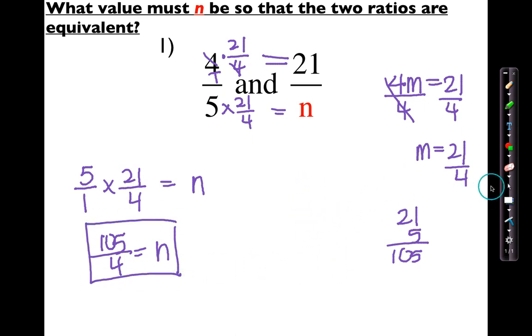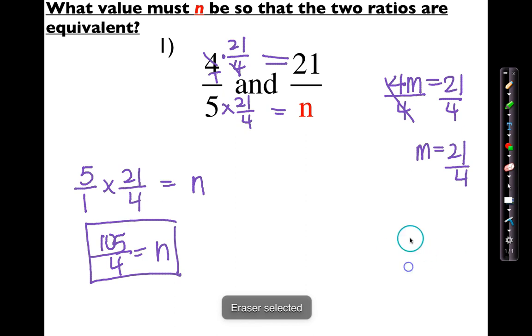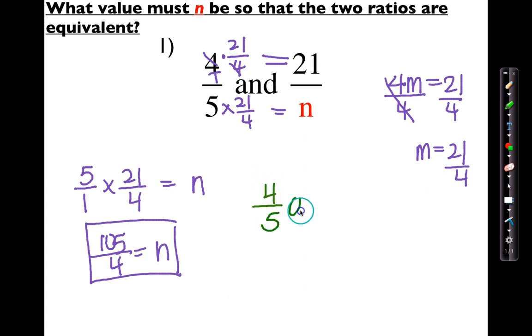So if I wanted to go ahead and write it, I'm going to leave it as 4/5 and 21 over, now instead of an n, I'm going to go ahead and write my value here, which is 105/4. Now you definitely could turn this into a mixed number, but I'm going to go ahead and leave it in proper just to save myself some time.